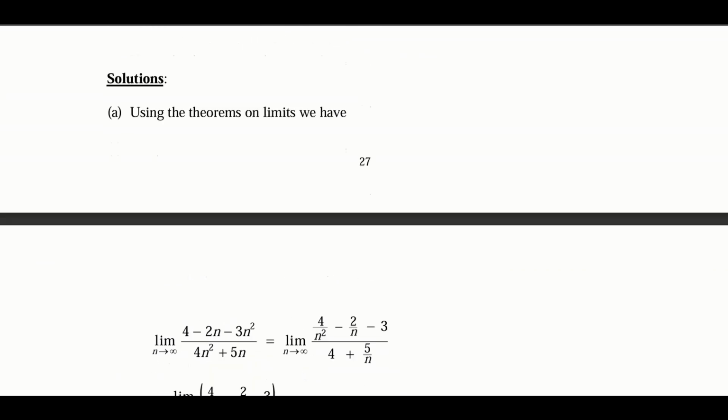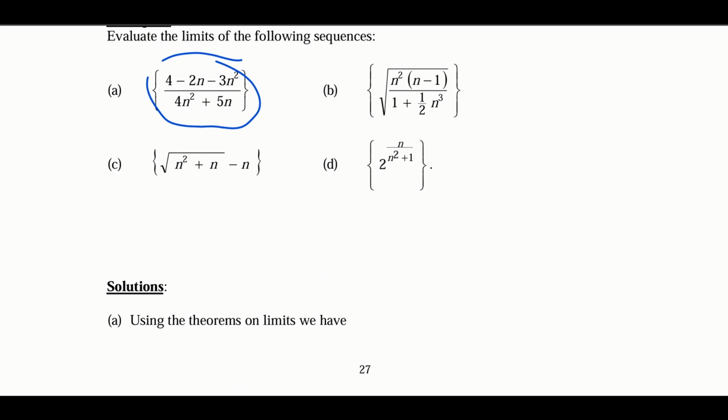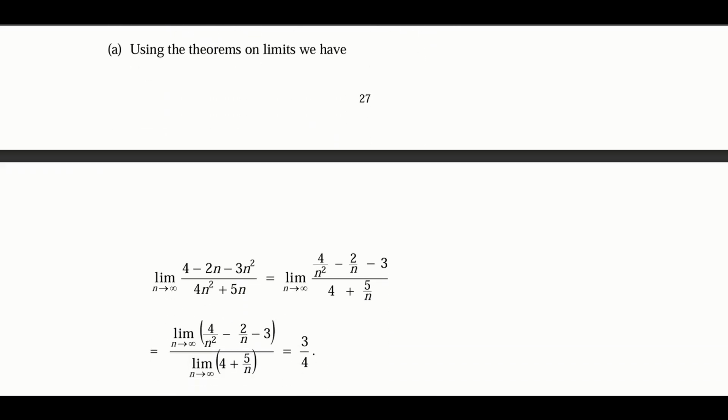When you see such a question, try as much as possible to make the numerator and the denominator factorize to the smallest power of n, so to say. This is what I'm trying to say.